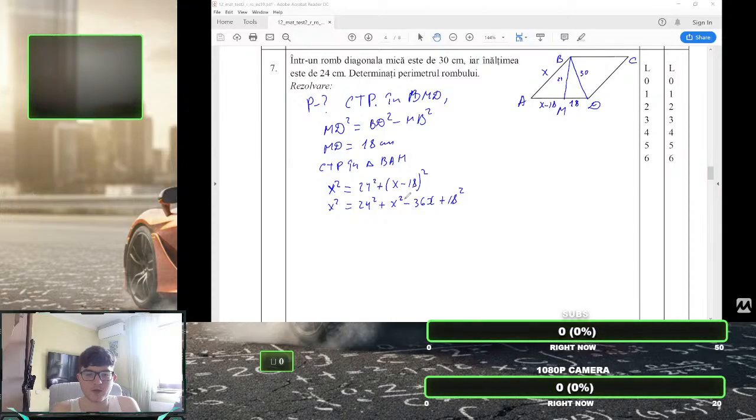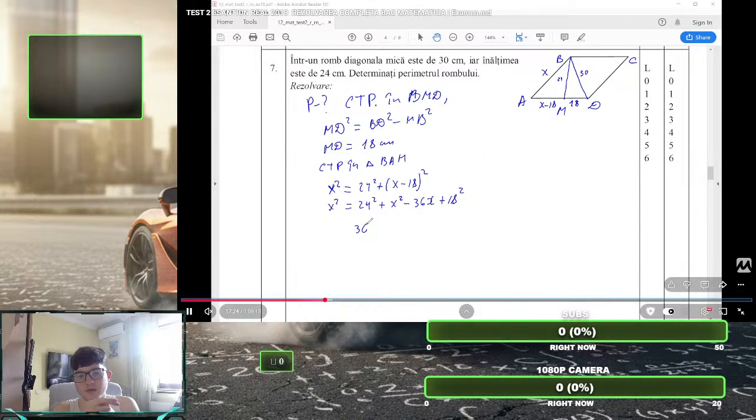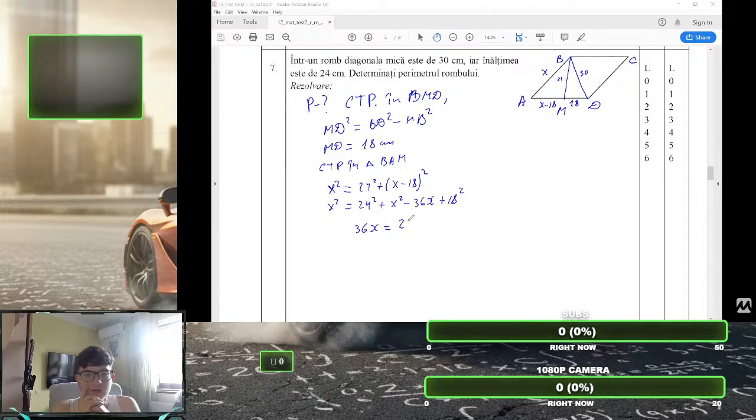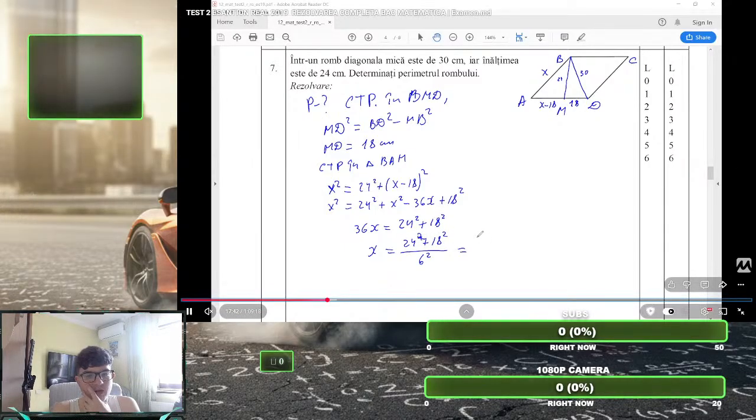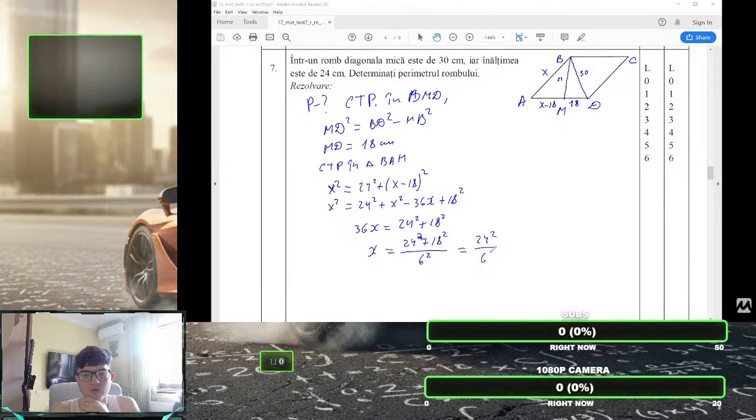So then use the formula right there. I guess we need to use quadratic. I don't need that. I don't think we need to use quadratic here. 36x is going to be that because x to the second power cancels out. So x is going to be that divided by 36. So basically works with power, 6 to the power 2. That divided right there and that divided right there.